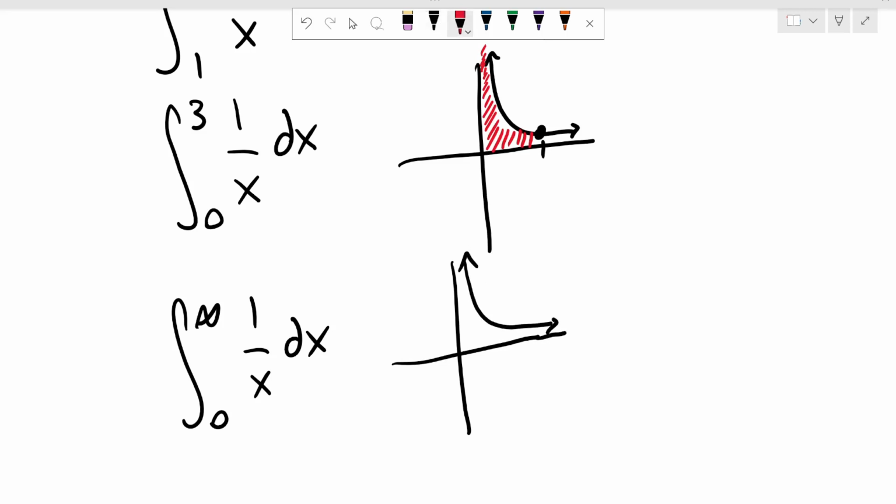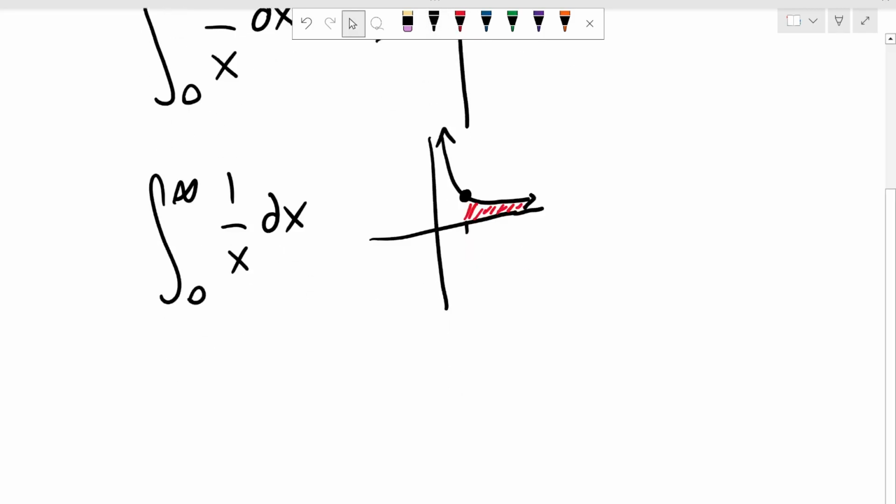It's just going the other way basically. So if 1 is right here, the point 1, 1, then we're looking for this area. We can see that while we're going all the way out to infinity, the area is going to get really, really small. So it's possible that it will converge to a finite number, but we need to look mathematically to see if it will or not.